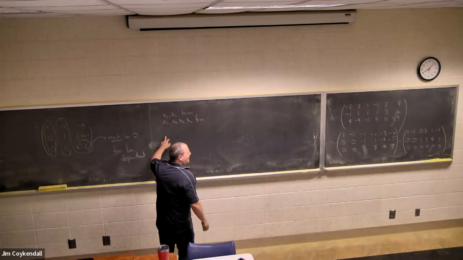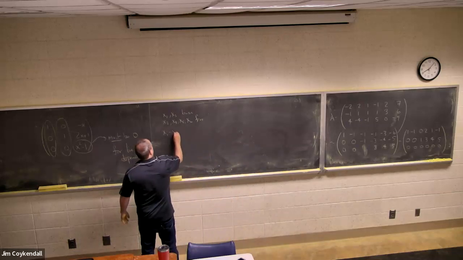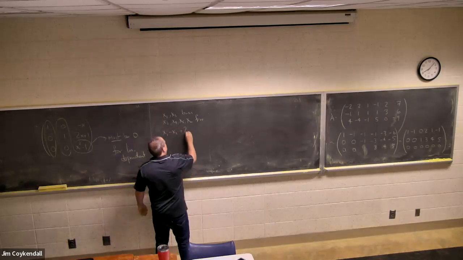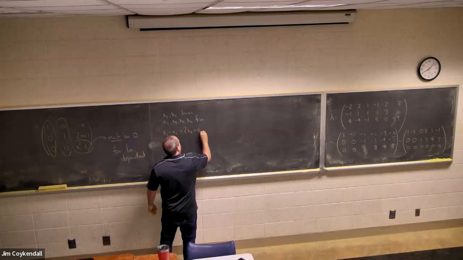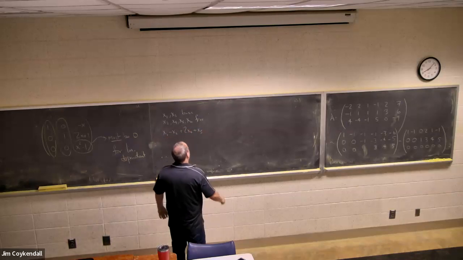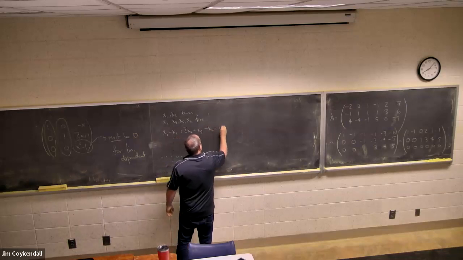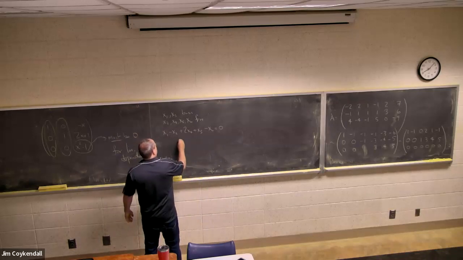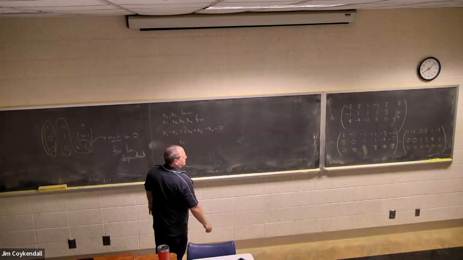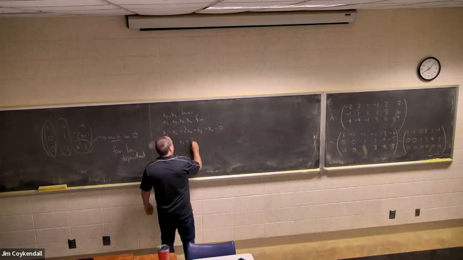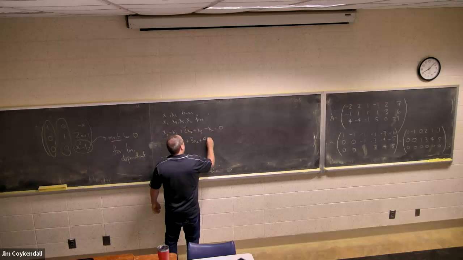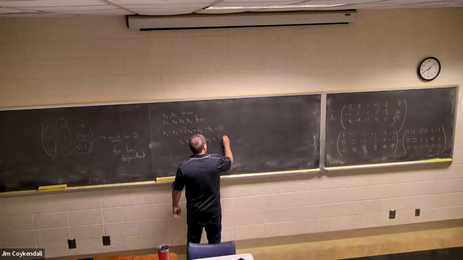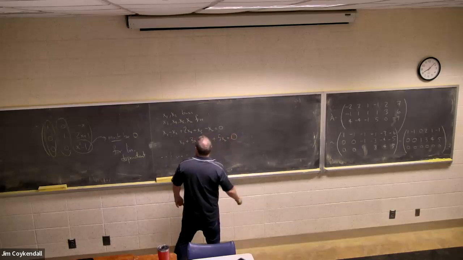From the two equations, I get x1 minus x2 plus 2x4 plus x5 minus x6 equals 0, and the other equation I get is x3 plus 3x4 plus 4x5 plus 5x6 equals 0, which is also easy.